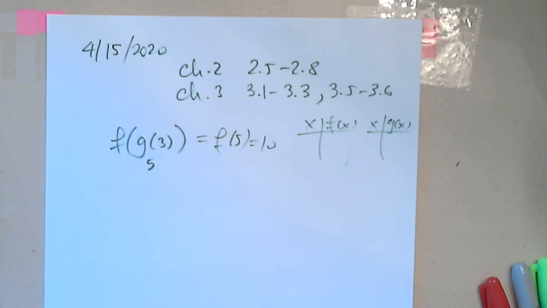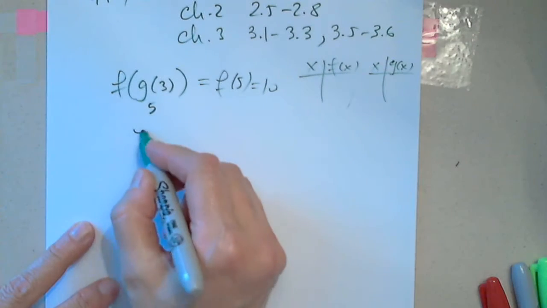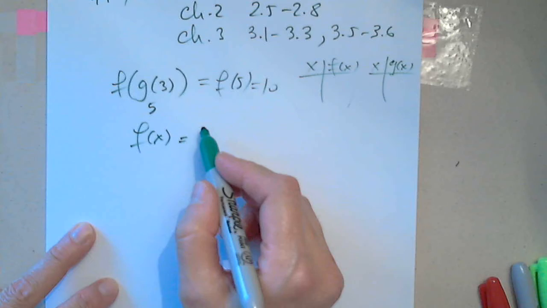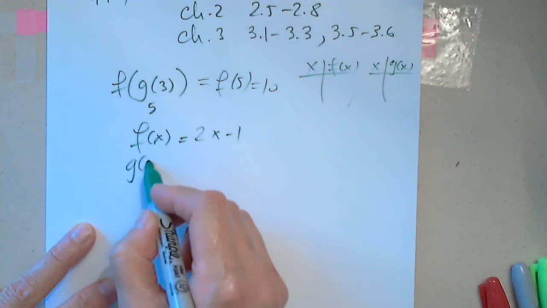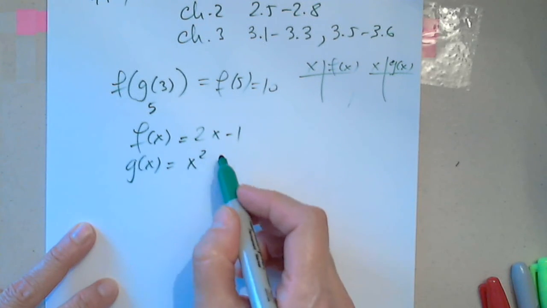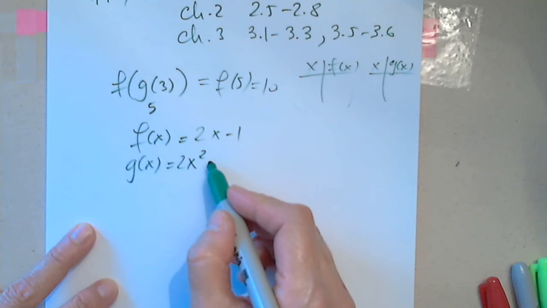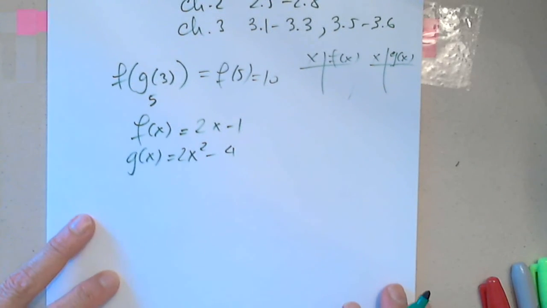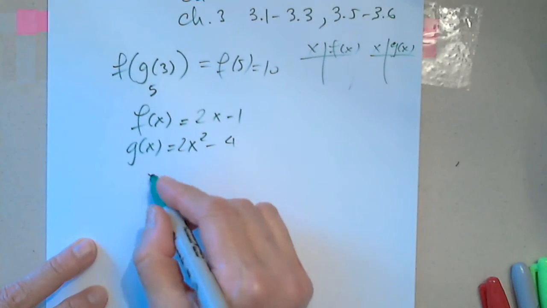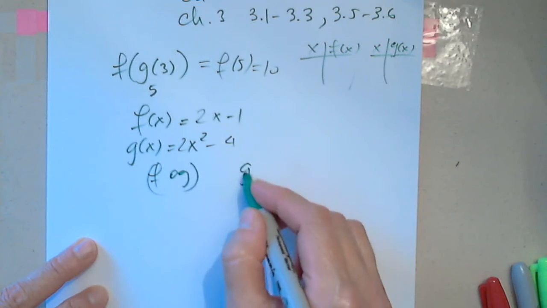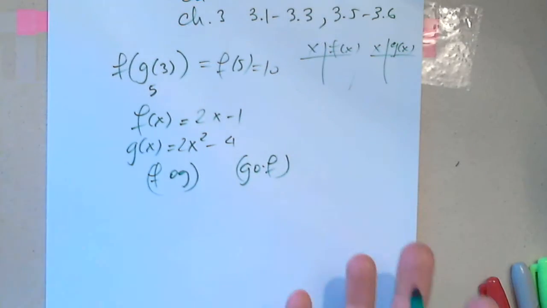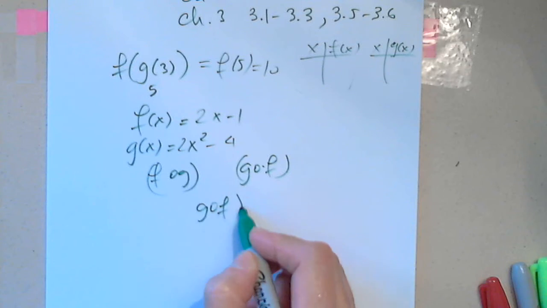No. Okay, so if I'm given a function f of x, let's say 2x minus 1, and a function g of x, let's say 2x squared minus 4. Do I know how to determine f composed with g and g composed with f, and let's say also g composed with f at 0?